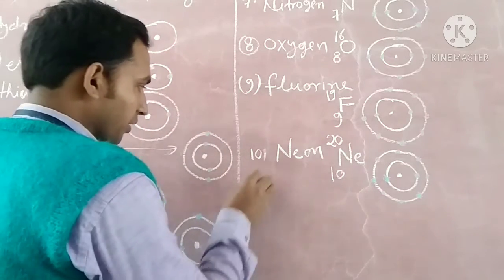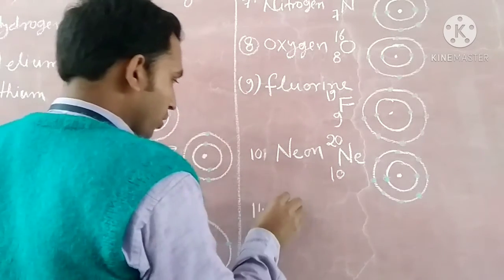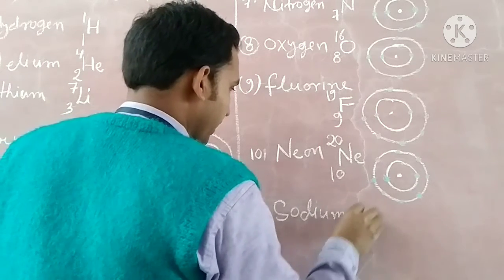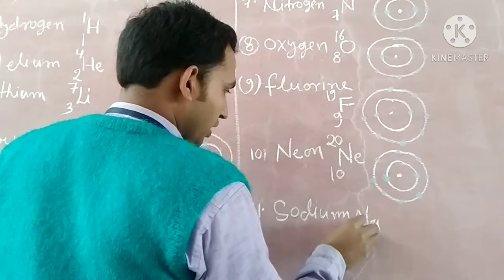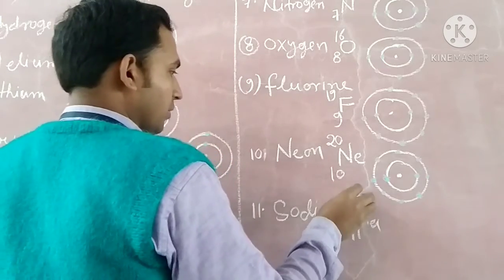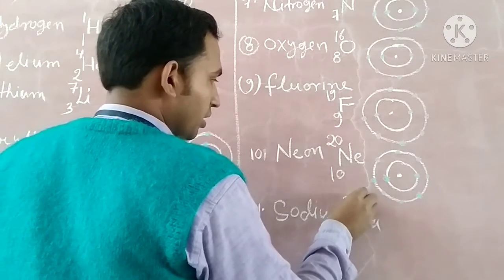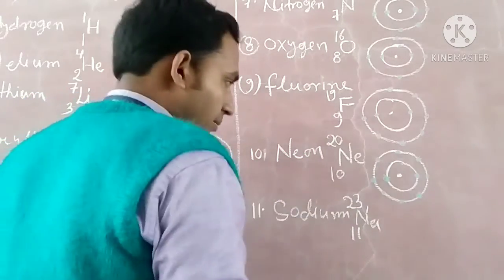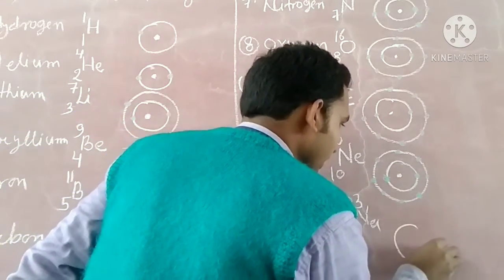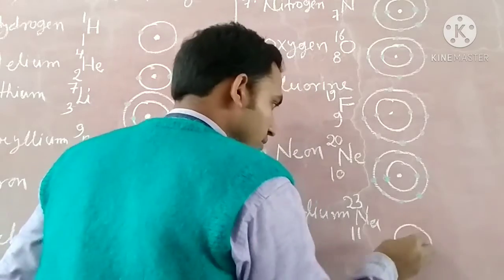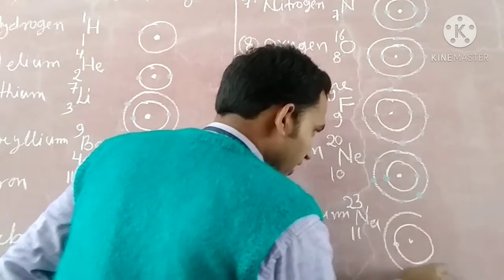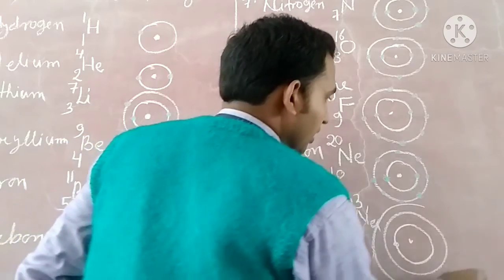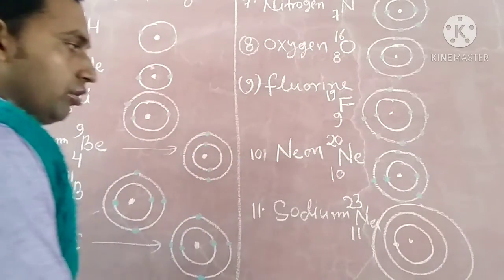Okay. Similarly, 11, sodium. Its symbol is Na. Atomic number 11. Mass number 23. How to draw their schematic diagram: you draw the first cell with 2 electrons, and the second cell with 8 electrons, and the third cell, how many electrons? 1 electron.